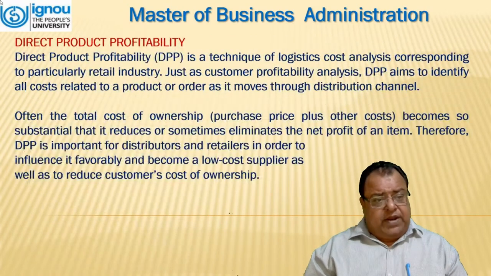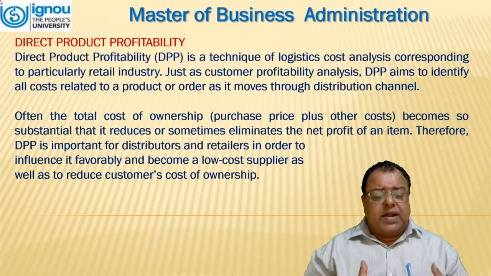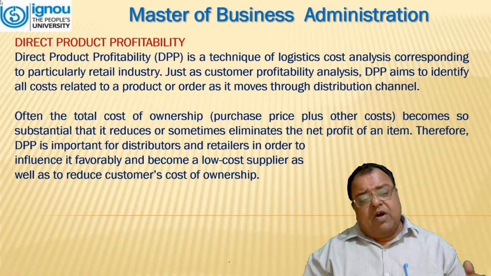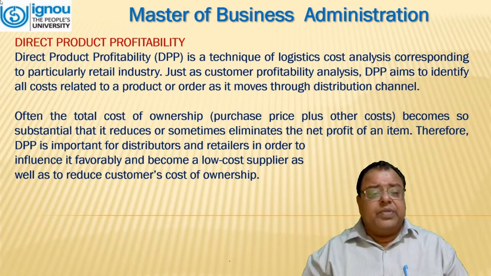Direct product profitability, what we call DPP, is a technique of logistics cost analysis corresponding particularly to the retail industry. Just as with customer profitability analysis, DPP aims to identify all costs related to a product or order as it moves through the distribution channel.